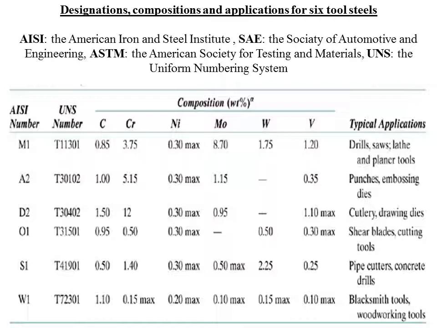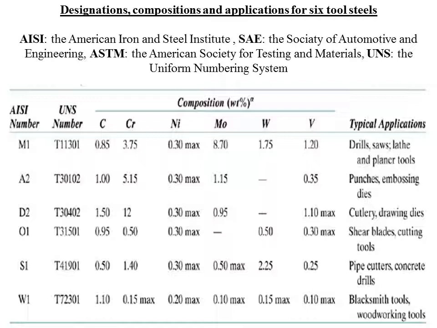AISI is the standard of the American Iron and Steel Institute, which denotes the various compositions. M1 indicates that all these elements are present in this composition. A2 represents that they are present in another particular composition.